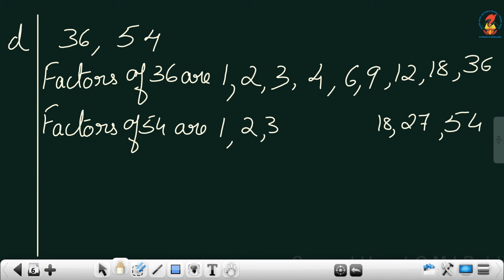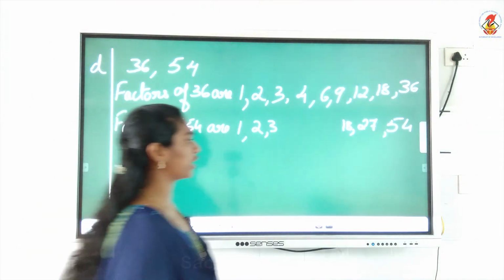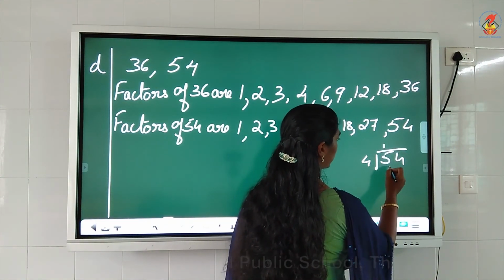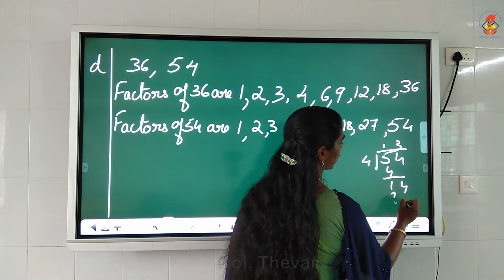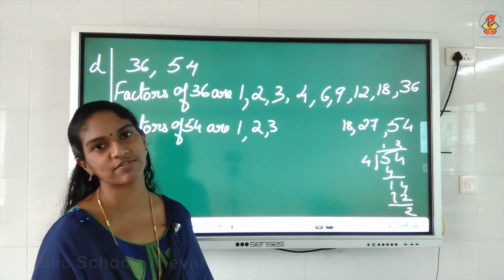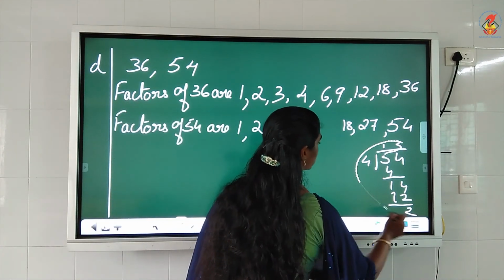Now, coming to 4's table, is there 54? That also you will have to divide and find out. See, 54 you divide with 4. One time you get 14. 3 times 4 will give you 12. You are getting a remainder 2. So that means 54 is not divisible by 4. So you can't take from 4's table.